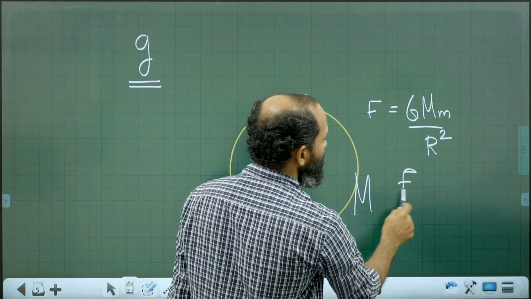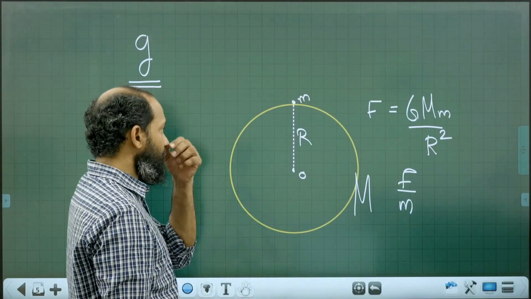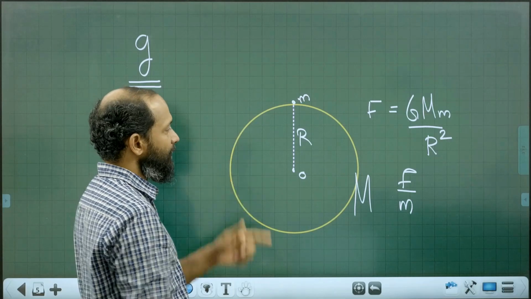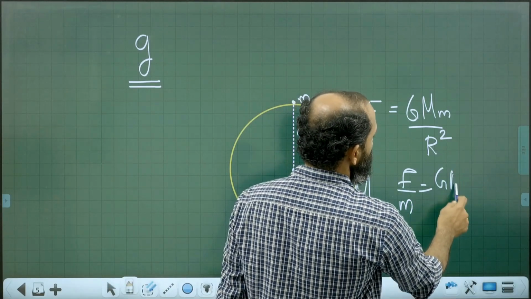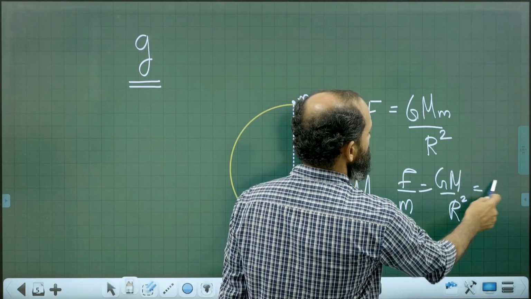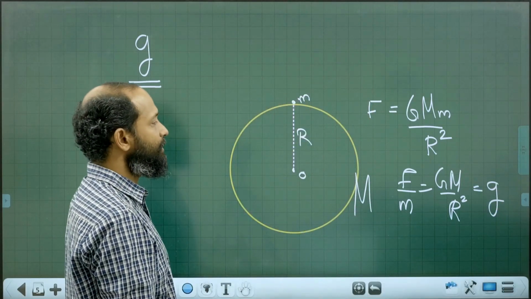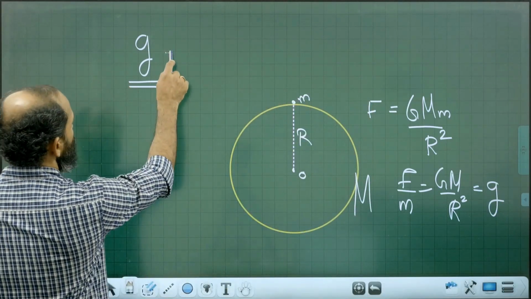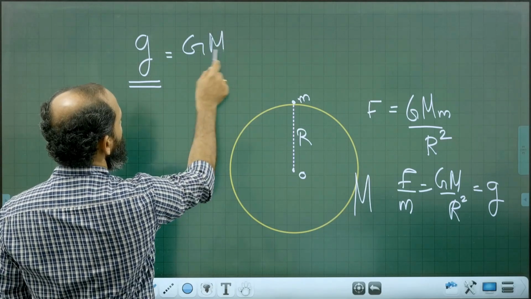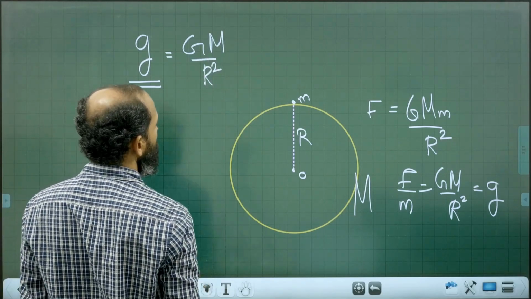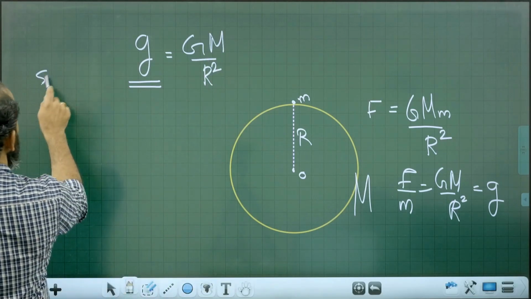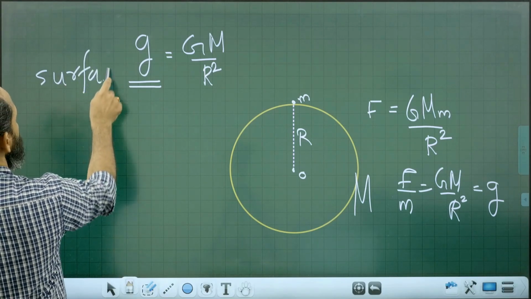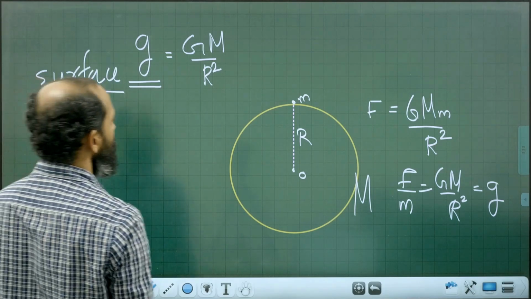Then the force per unit mass placed at the surface is GM by r square, which is nothing but the value of acceleration due to gravity at the surface. So the formula is GM by r square at the surface.